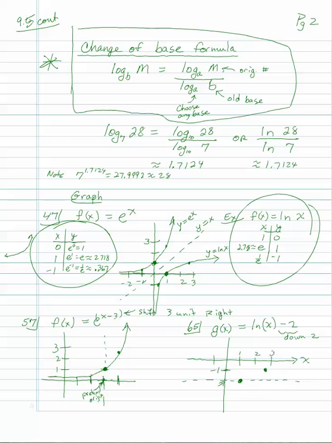So see, that's really 2.7, negative 1, but I'm counting again from this point down 2 from the origin. And then let's see, that was 0.36, down 1, and then it's a log function. It looks like that.